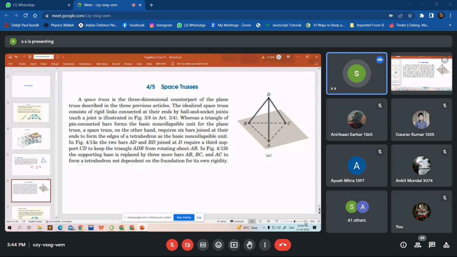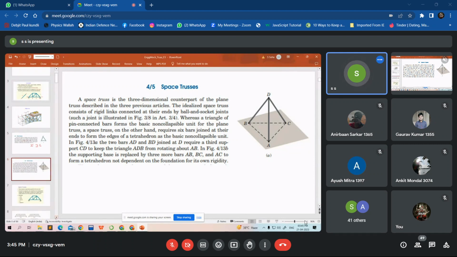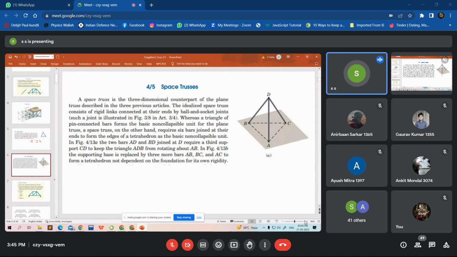It is called a space truss. If you see stadiums, etc., where there is a global dome on the top, the supporting is mainly done by three-dimensional trusses, because the dome is three-dimensional. So these are some applications where you have trusses.